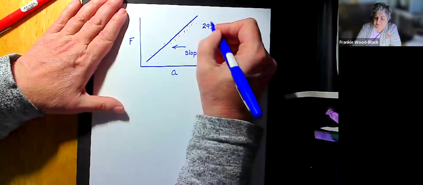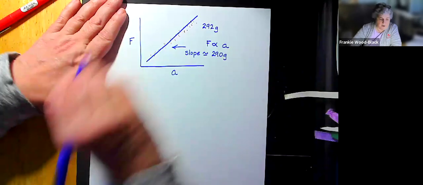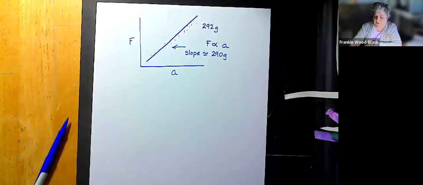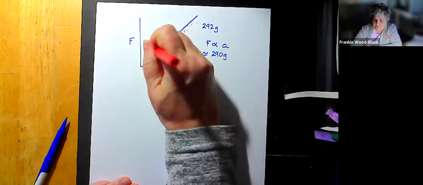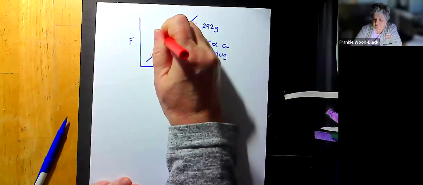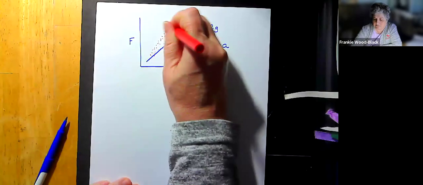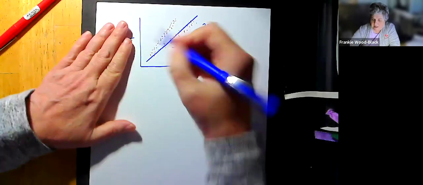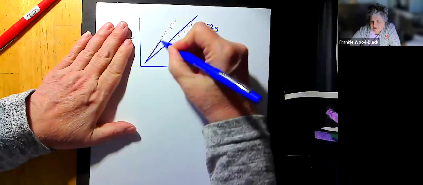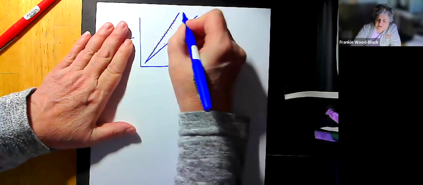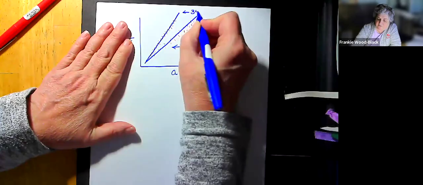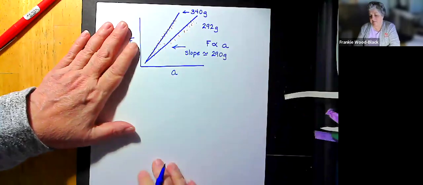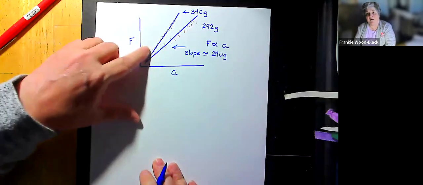Now, what happened if I put more mass on there? Well, when we put more mass, what you saw was that the slope changed. Right? And you may have gone in and you may have calculated that slope changed. And now let's say that that's like 340 grams.